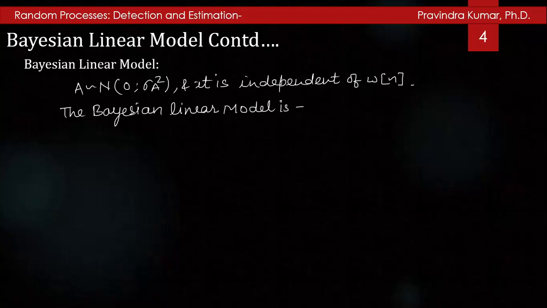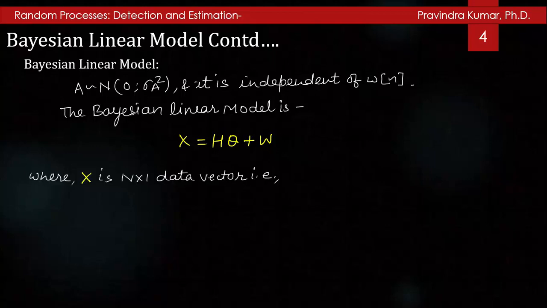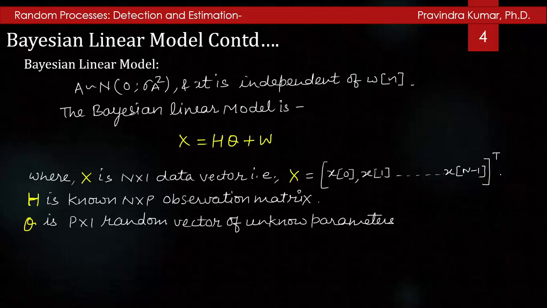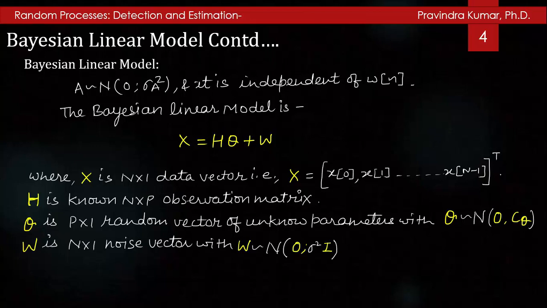Let the Bayesian linear model be x is equal to H theta plus omega, where x is an N by 1 data vector, that is x is x[0], x[1] to x[N minus 1] transpose, and H is the known N by p observation matrix, and theta is a p by 1 random vector of unknown parameters, having the PDF of normal distribution with mean 0 and covariance matrix C theta, and omega is an N by 1 noise vector with the normal random process with mean 0 and variance sigma square I, and independent of theta.